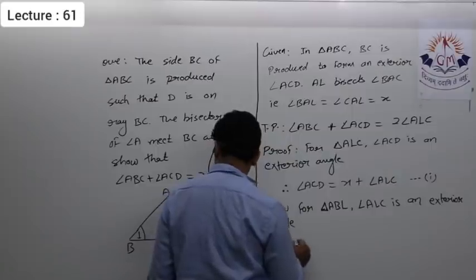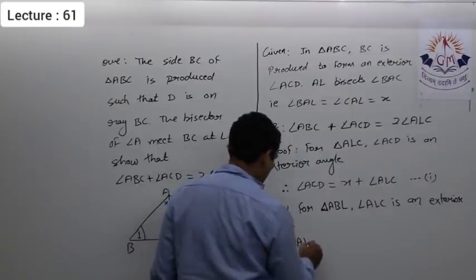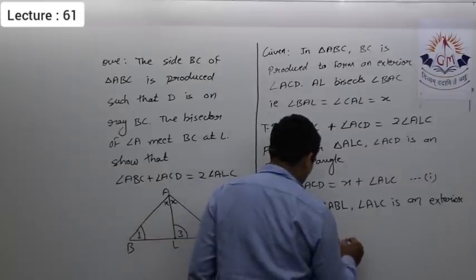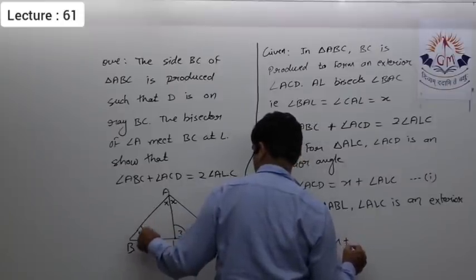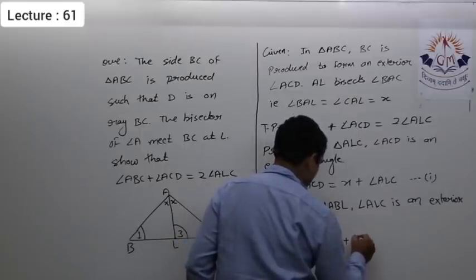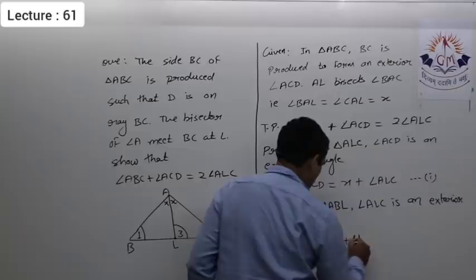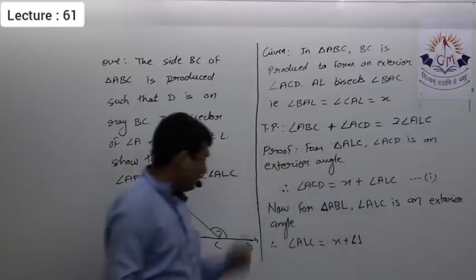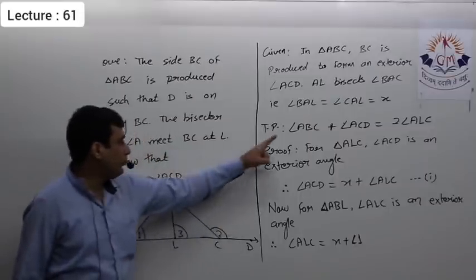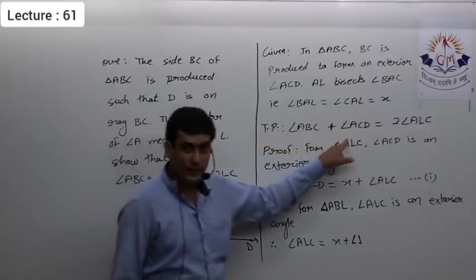Therefore I can say angle ALC is equal to x plus angle 1. Now see, the expression that we have to prove includes ABC, ACD, ALC.